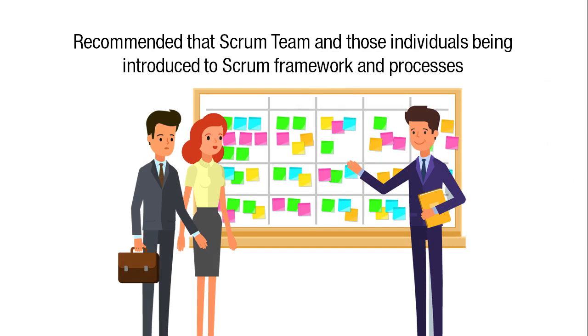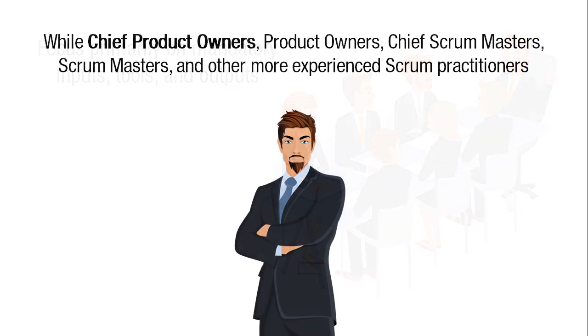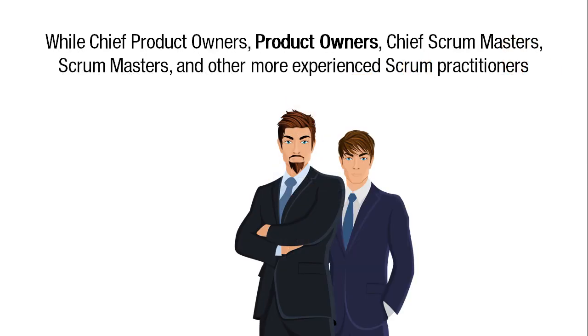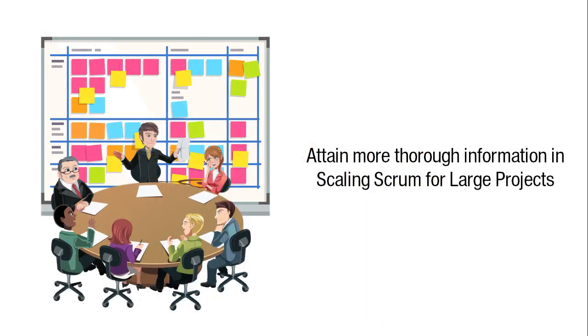It is recommended that the Scrum team and those individuals being introduced to the Scrum framework and processes focus primarily on the mandatory inputs, tools, and outputs, while chief product owners, chief Scrum masters, and other more experienced Scrum practitioners strive to attain a more thorough knowledge of the information in this entire chapter.